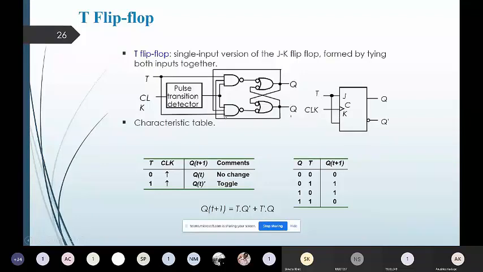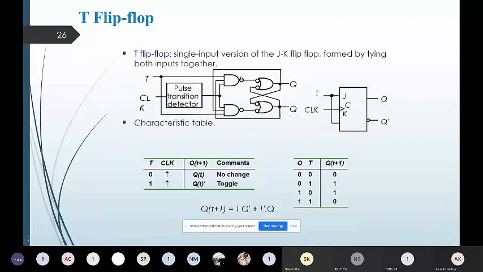That's why, for these two NAND gates, you observe that one of the inputs has been tied and named T, while the other input for those two NAND gates comes from the pulse transition detector circuit. And to that pulse transition detector circuit, the clock input has been provided.